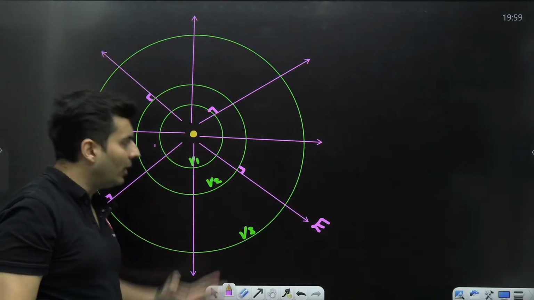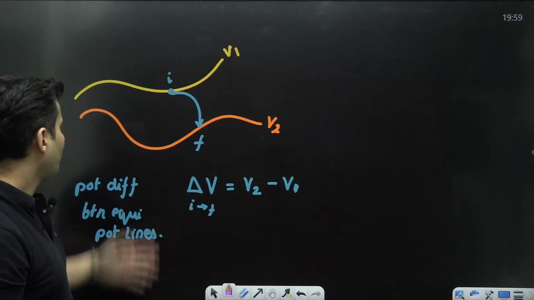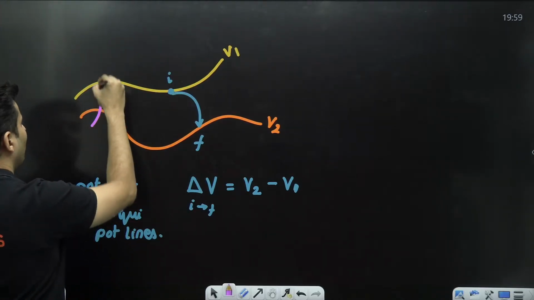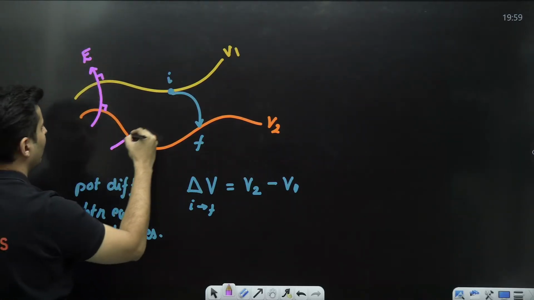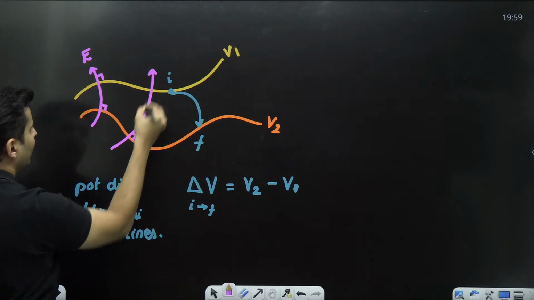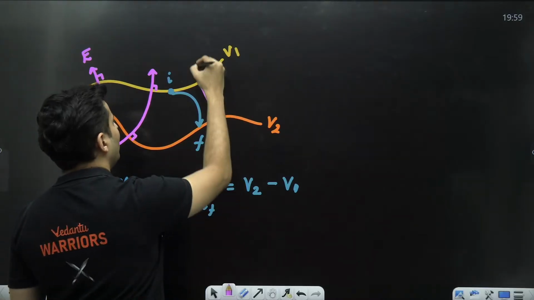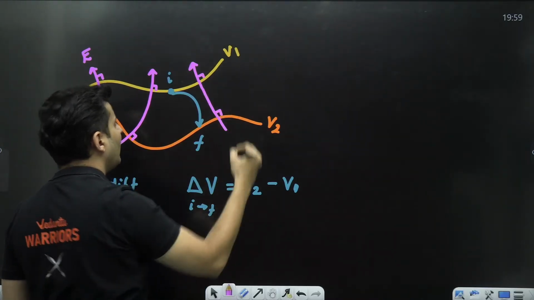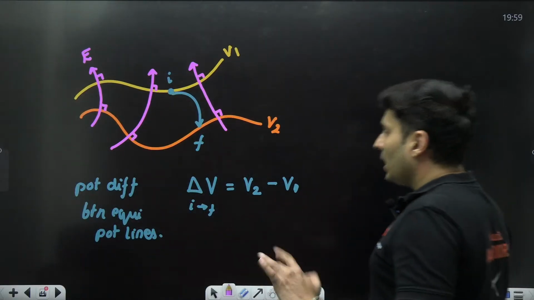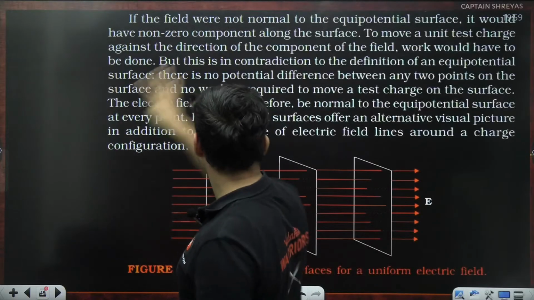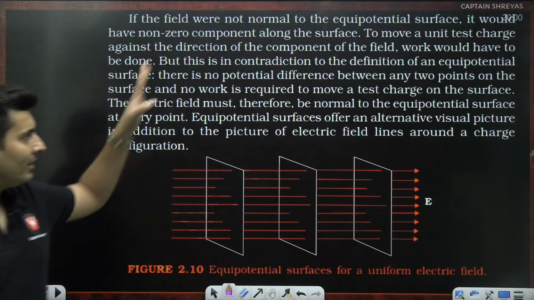It is not just for a point charge, but it is also true for any other random body also, like this one. You will see that at every given point, the electric field line will be perpendicular to the equipotential lines. So this is a general phenomenon, not just associated with a point charge, but every charge configuration. Now, why does this happen? They have explained this in this particular paragraph by a method called contradiction. I will explain to you in a very simple way.